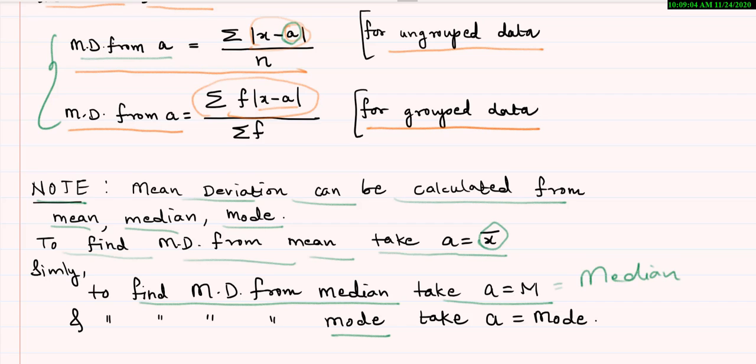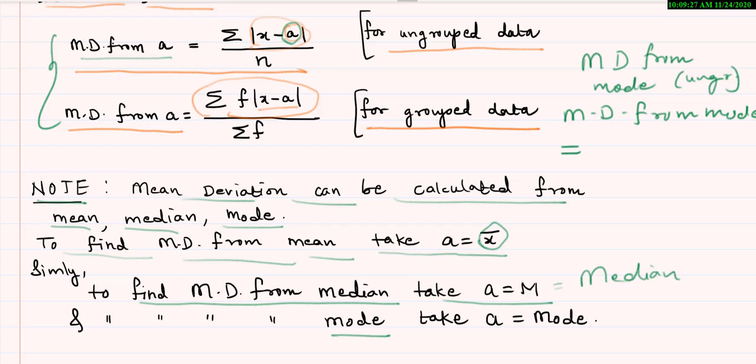And then the same pair of formulae can be used for any of these three. For example, if I want to find out mean deviation from mode for ungrouped data, then the formula would be mean deviation from mode equal to summation of mod of x minus mode, so I am taking mode in place of this A in the formula, divided by n.